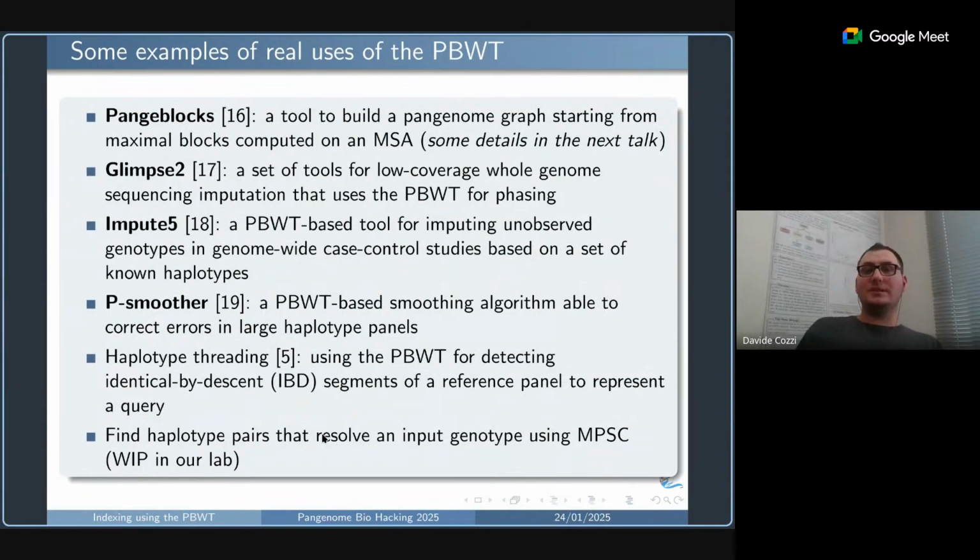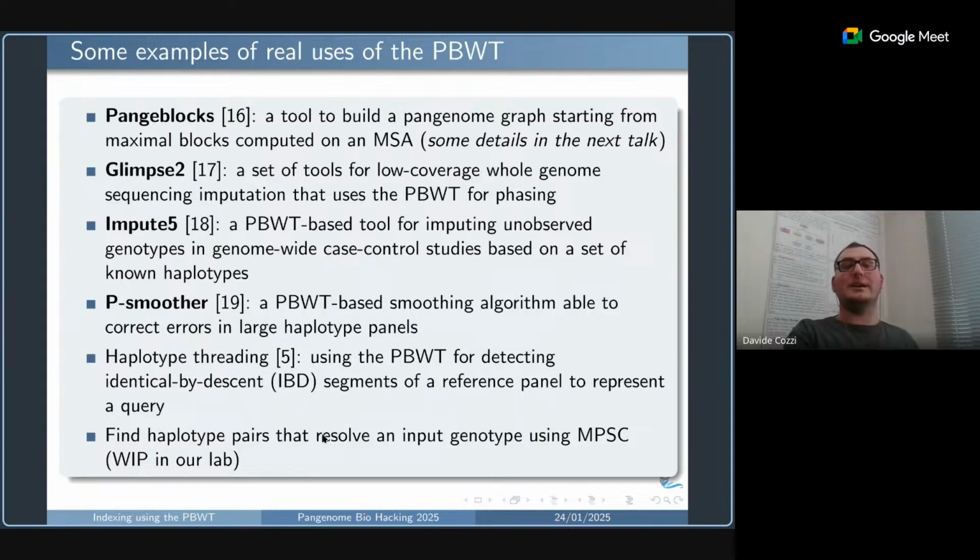And to conclude this talk, I want to present some projects that use the PWT to solve real-world problems. First of all, Pangeblocks, because it's developed in our lab and it will be explained in the next talk. It uses the PWT to compute the set maximal blocks, starting from a multiple sequence alignment, and then uses these blocks to build a pangenome graph.